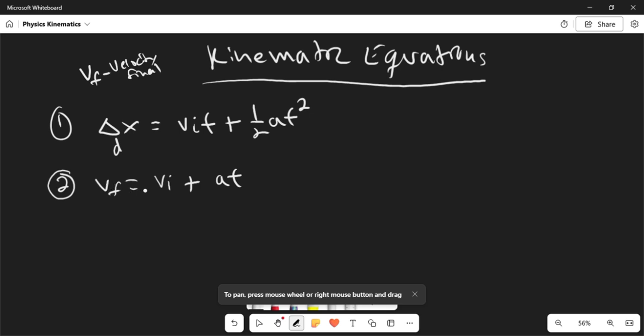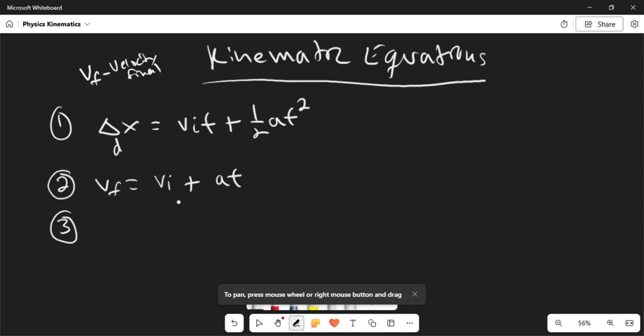Of course, when we're solving equations, you could have a velocity final, but you're trying to solve for velocity initial. So it's not like we're exactly solving for velocity final. We may be solving for acceleration or time or velocity initial.